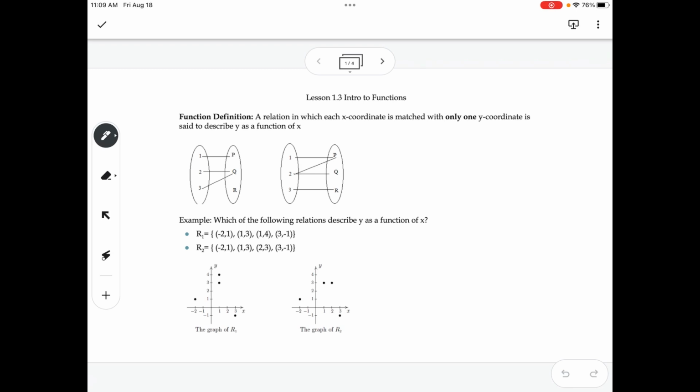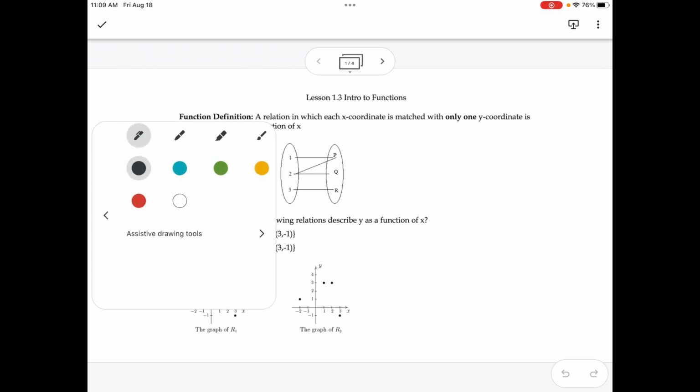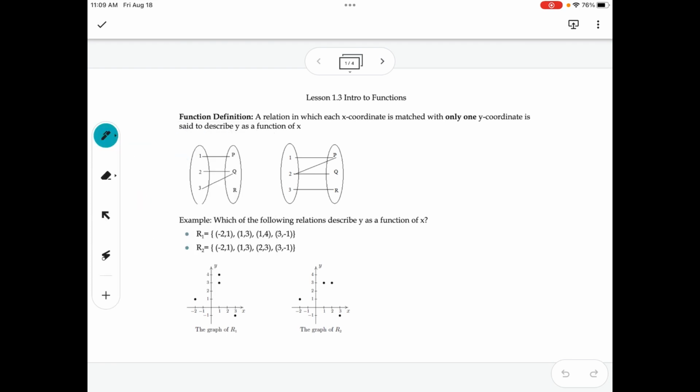So let's first define what is a function. A function is a relation in which each x coordinate is matched with only one y coordinate. And if so, it's said to describe y as a function of x. So if we look at our two examples here, let's say our inputs are the x values on the left and our outputs are the y values on the right-hand side.